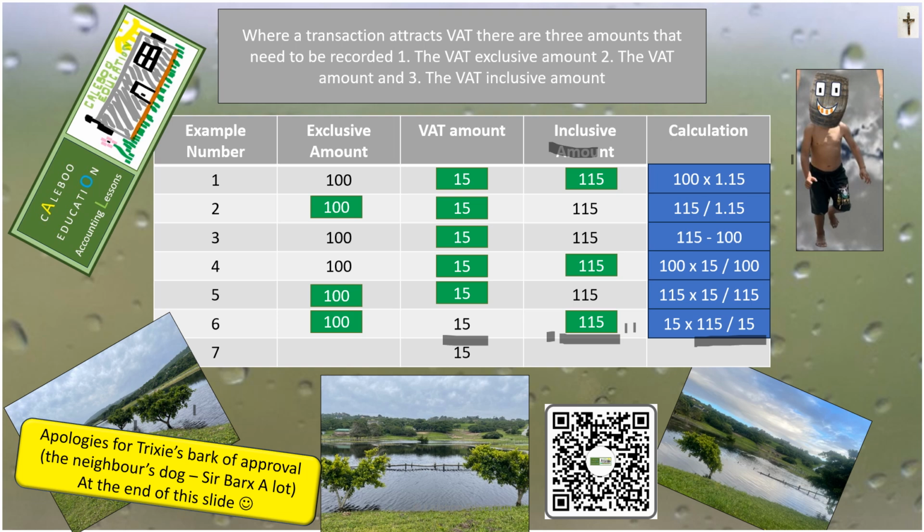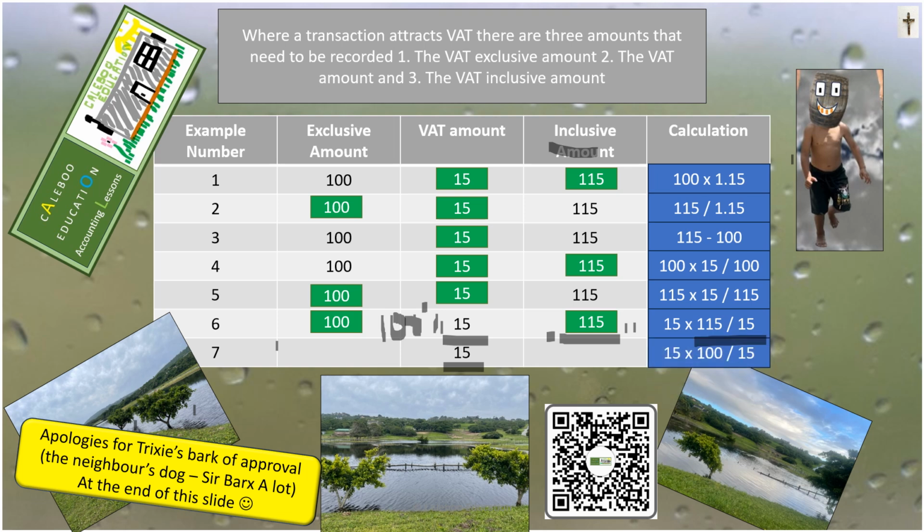Now if I've got the VAT amount and I want to go to the exclusive amount, which is represented by 100%, I will do the following.